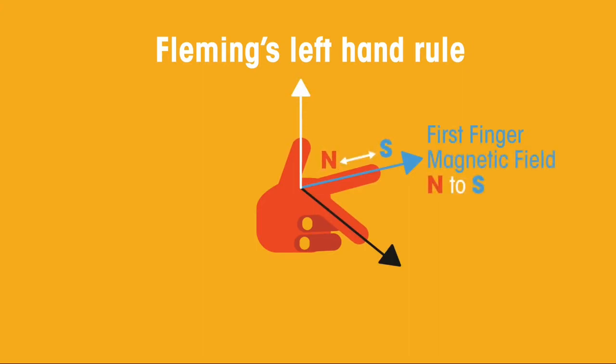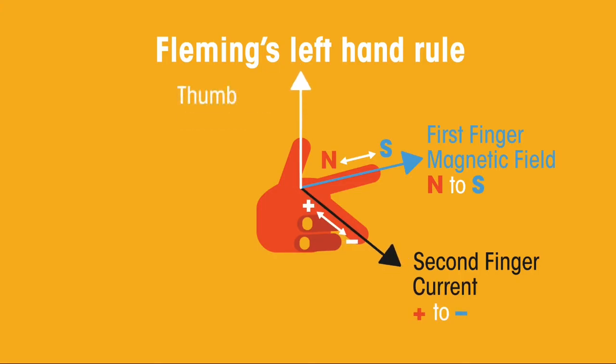The forefinger indicates the magnetic field north to south. The middle finger indicates current from positive to negative terminal. Because of these two arrangements, a force is developed which is represented by the thumb finger movement.